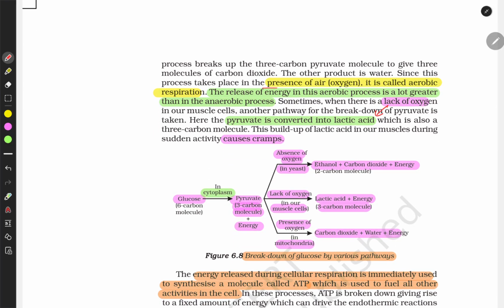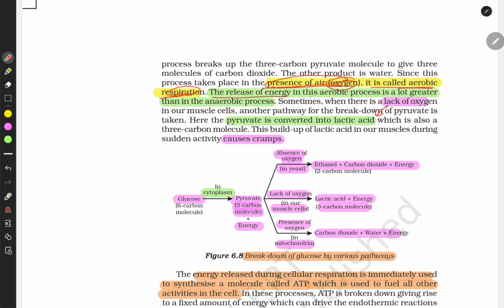If this reaction happens in the mitochondria in the presence of air, which is oxygen, this is called aerobic respiration.